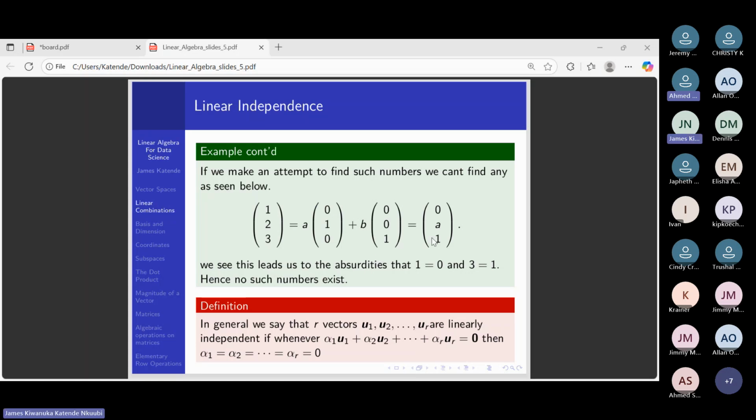This is supposed to be B, because B times 1 is B. You're right, this is a mistake. It should be B. But what matters is the first one. You have a contradiction already. The contradiction comes from the first entry. You have 1 equals 0, which is not possible.